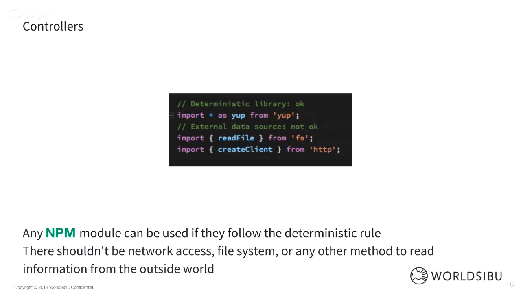And there's a valid reason for this: network is not a deterministic operation. When you make a request, it can fail. For example, if the service that you're trying to reach is not stable or is having an outage, it can give you a 404, and that won't be deterministic. And you're trying to input outside world information to the blockchain.